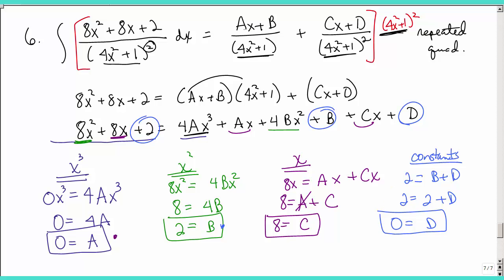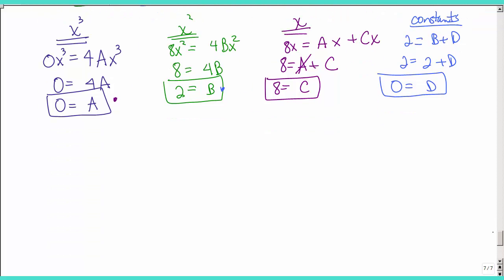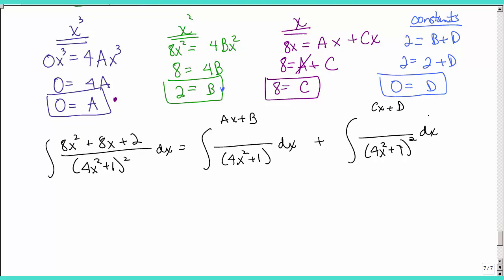So when I come back up here and I want to integrate these two things, a is 0 and d is 0. Let's see what that leaves me. Okay, so we have ax plus b. So a is 0, so I just have b. Okay, cx plus d. So c is 8, so that's 8x, and d is 0.